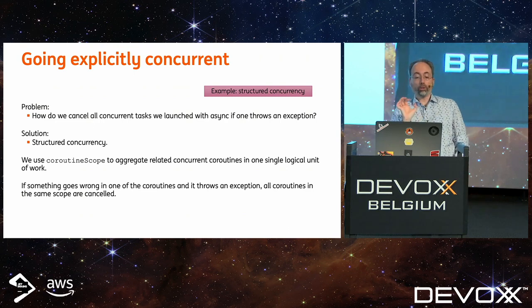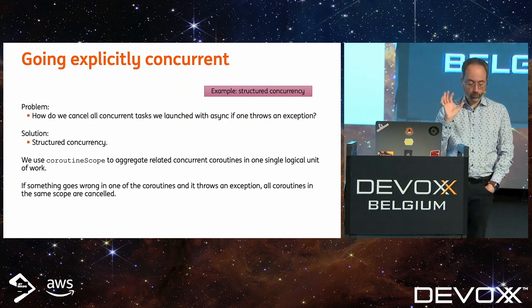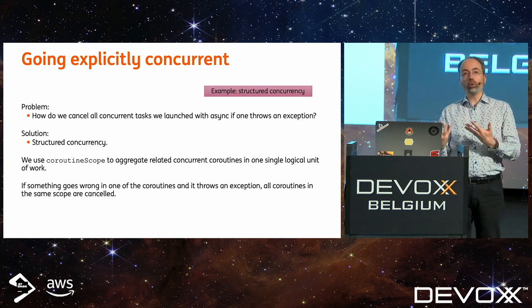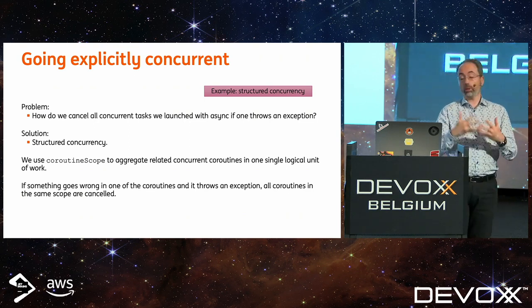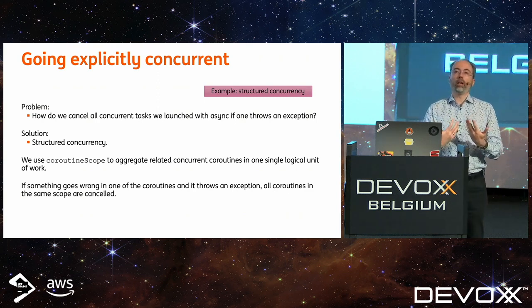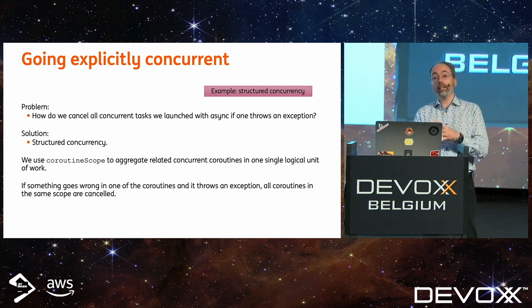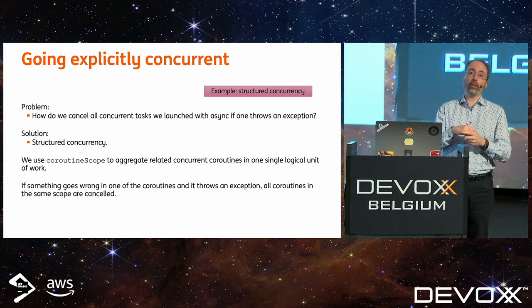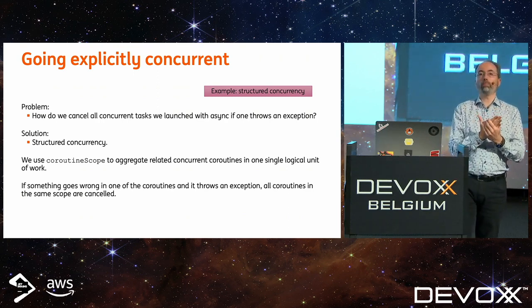Now, structured concurrency is a way of organizing and chaining concurrent jobs, or in this case, coroutines, in such a way that all dependencies are clearly identified, and then failures or cancellations cascade through the entire hierarchy up to some point.